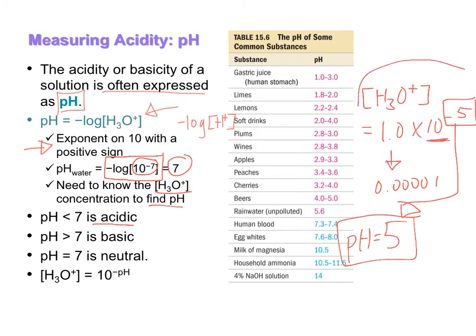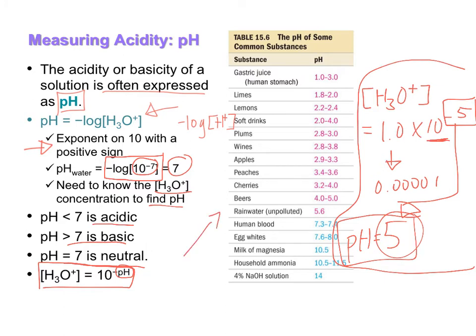So this particular solution, just a general solution, would be acidic because the pH is 5, so it's less than 7. If you have greater than 7, it's basic. If it's equal to 7, it's neutral. So this is the overall relationship: the pH is that exponent.